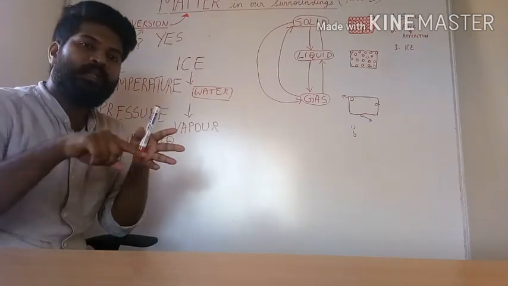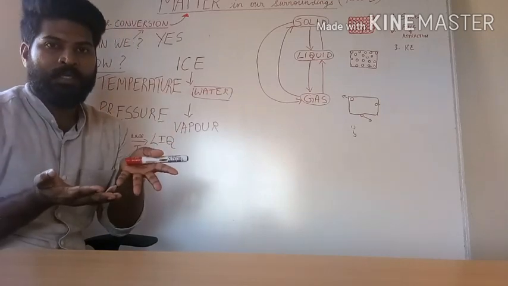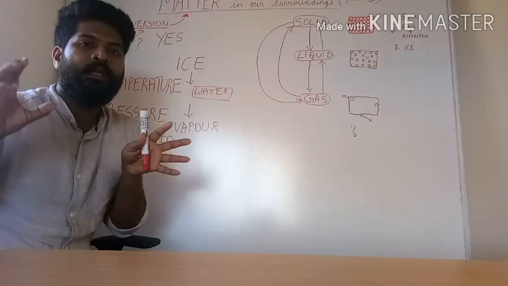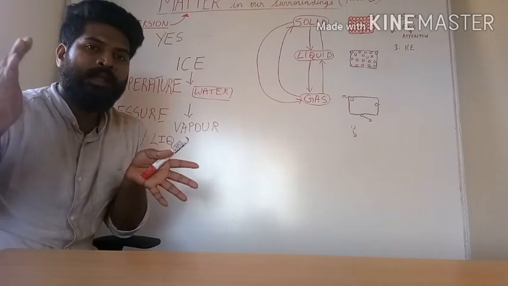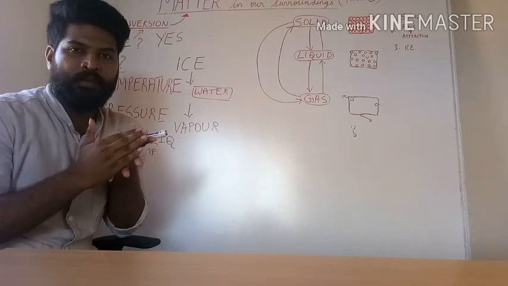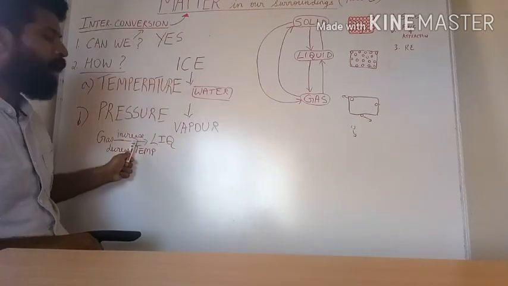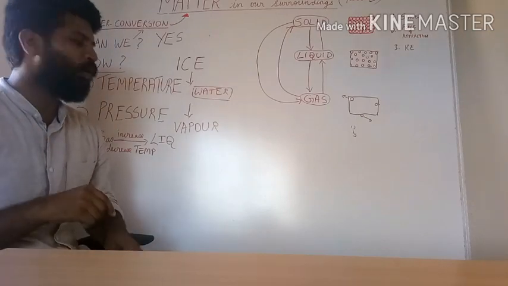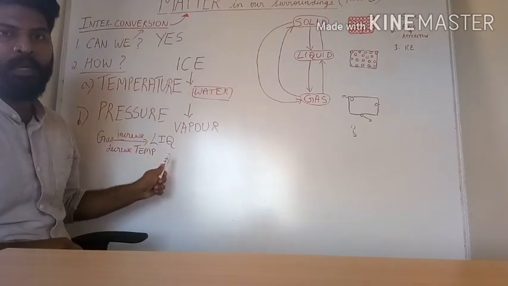They will start moving here and there more quickly, because their kinetic energy would have increased. Unless we decrease the kinetic energy, particles will not come closer quickly. So on one hand we have to increase the pressure, on the other hand we have to decrease the temperature.